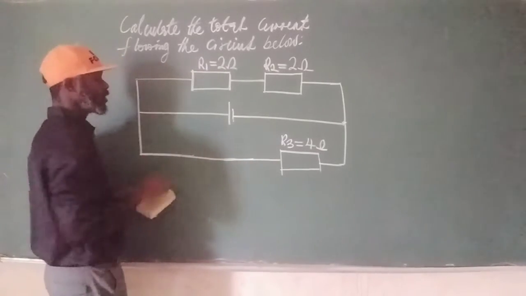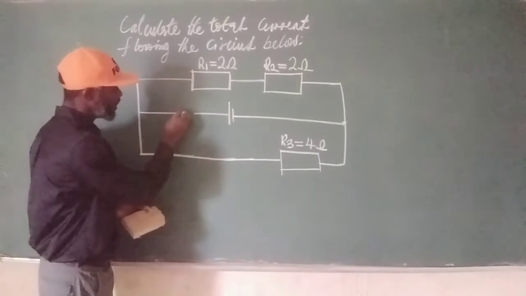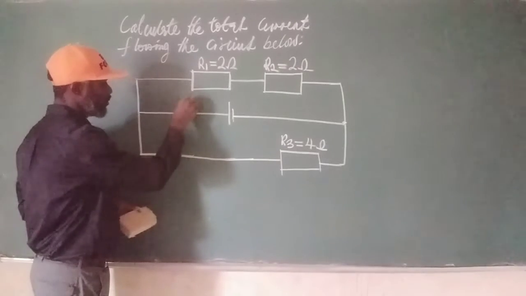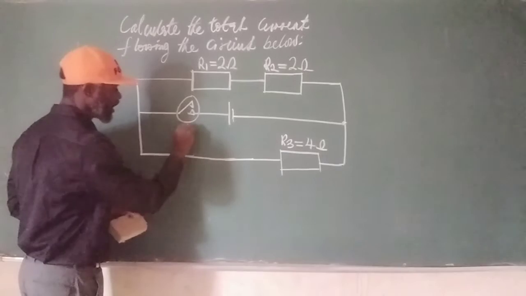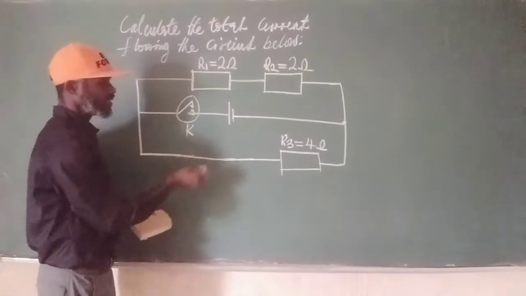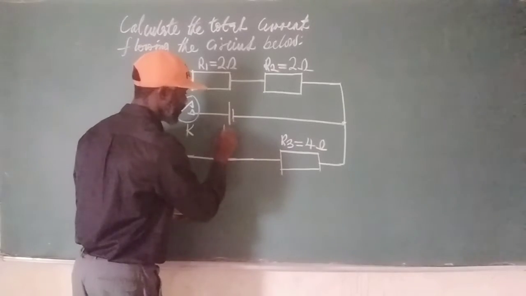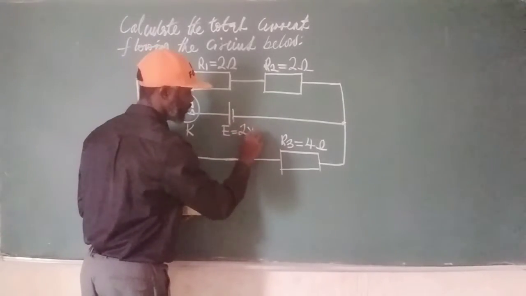The switch should be here. So we have a switch at this point, or key, so to say. Most times I use the word switch, most times I use the word key. So we have K for key, and then cell E is equal to 2 volts.